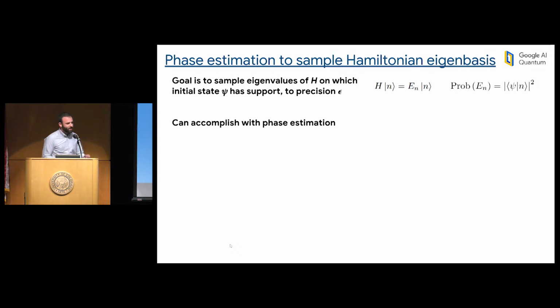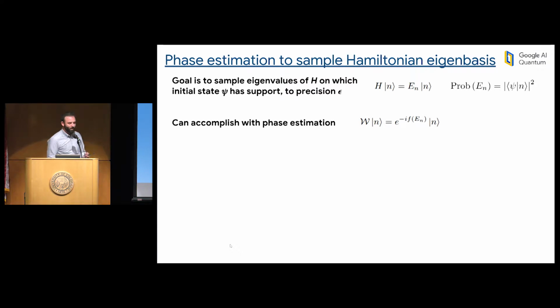And for the purposes of this talk, it's going to be helpful for me to just say that if you have a unitary W like this, that's a sufficient condition for you to be able to apply phase estimation. And so what this unitary is, is a unitary that encodes in the phase of its eigenvalues the eigenvalues of the Hamiltonian as some function.